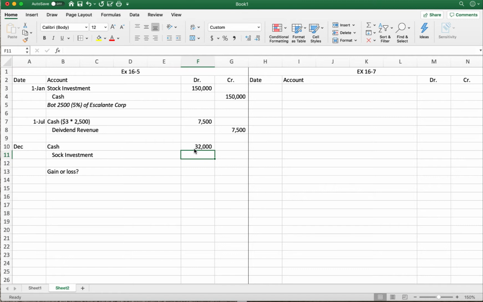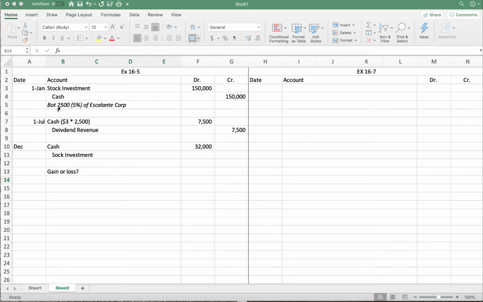So we sold 500 shares, right? And we need to figure out what the cost of those shares is, because they didn't give us a per share cost. They just said we bought 2,500 shares and it cost us $152,000, right? We could divide to figure out the cost per share, or we could just think about this. We're selling 500 shares, and we own a total of 2,500.